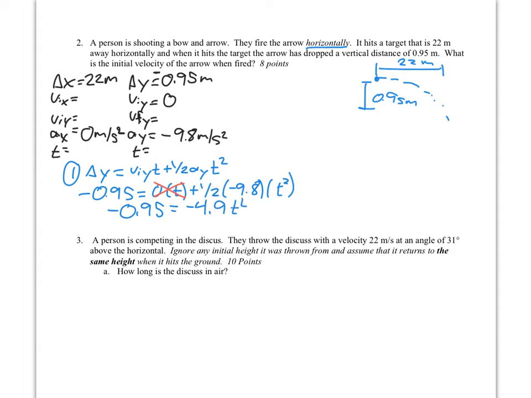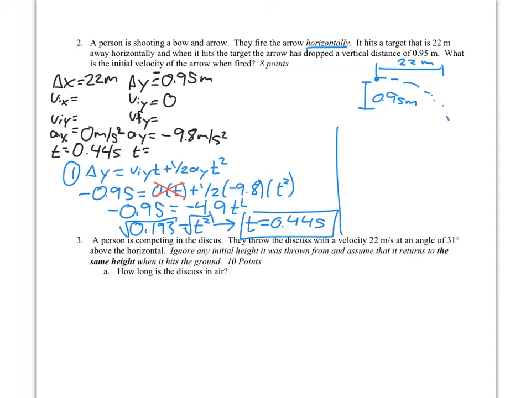That means when I divide by 4.9, I get 0.193 equals t squared. Square rooting both of those sides, I find that t is 0.44 seconds. So I can plug that in here to my x side. And then I can use that now to solve for the initial velocity. I'm going to use actually the exact same equation here, but obviously we're going to be using the x information.